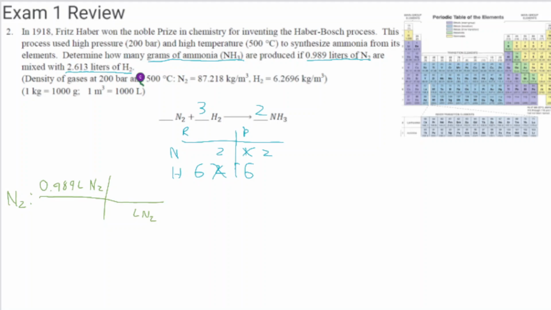So we do have something that has liters to cubic meters. And so I'd say let's go ahead and try to go with that. And eventually we're going to work towards where we have nitrogen where we can go from cubic meters to kilograms. So using that little bit of extra information, we see that we have 1,000 liters of N2 for every 1 cubic meter of N2.